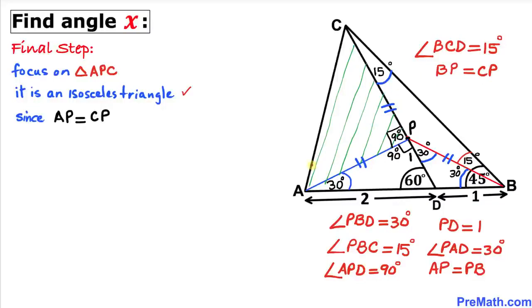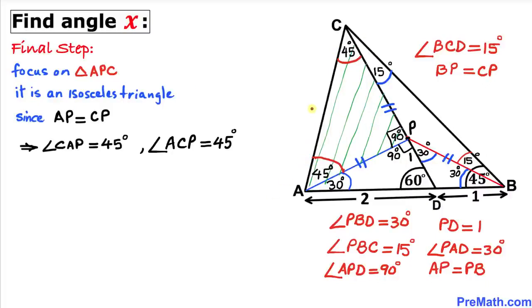So therefore, we conclude that this angle has got to be equal to this angle. So therefore, we conclude that these two angles, angle CAP and angle ACP, are 45 degrees each, and we can see that the sum of these angles in this triangle APC is 180 degrees as well.